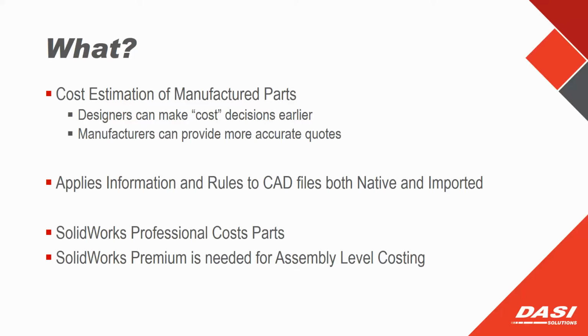To do assembly level costing, which is really nothing more than running each individual part's costing at the assembly level for a total run-up, you would need a SolidWorks Premium seat currently to do that. But for those of you with Professional, you can get away with individual part costing. Maybe just do the arithmetic at the end. However, for Premium, you'll see that at the end, it is literally boiled down to a single button pick to encompass everything.